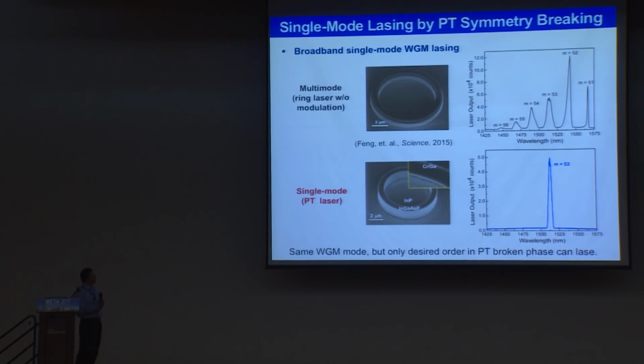So indeed, typically this is a multi-mode ring laser. Now, by design, carefully using PT-symmetry, essentially a modulation of the pure imaginary part of gain and loss, you can specifically select a mode. By the way, the real part is not modulated at all. And you can specifically induce single-mode lasing.